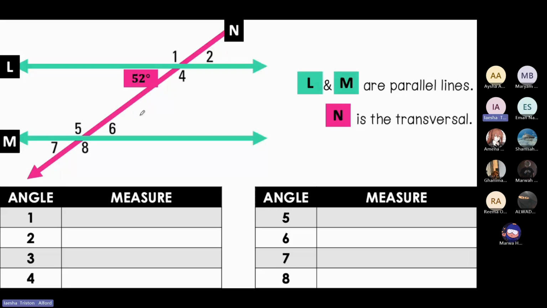So angle 2 should be 52 degrees. If we want the measure of angle 1, name and how? Linear pair. 180 subtract 52 equals 128. Good. Now, if we want the measure of angle 4, name and how?